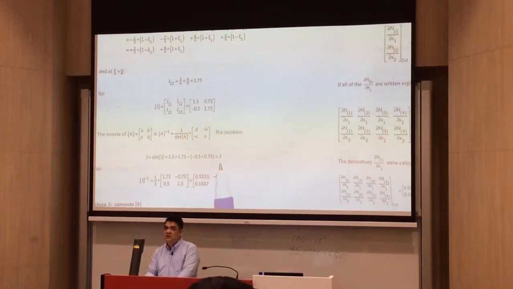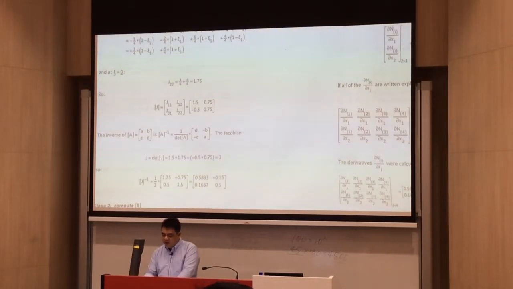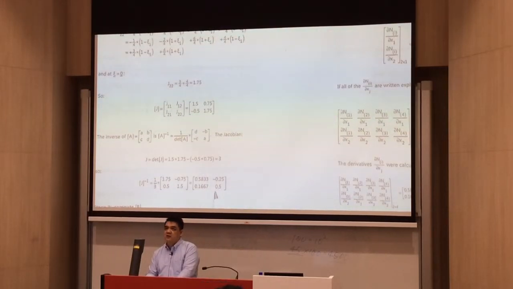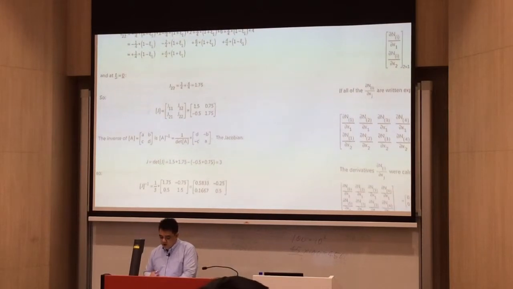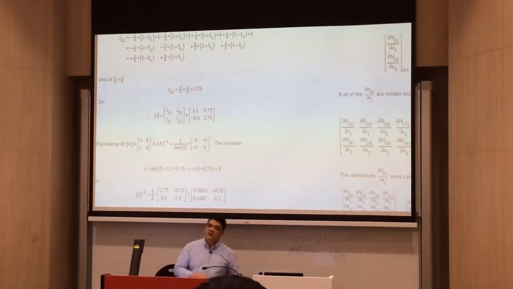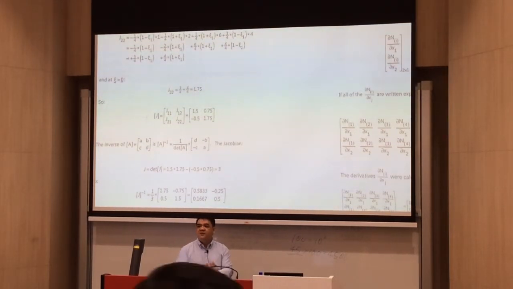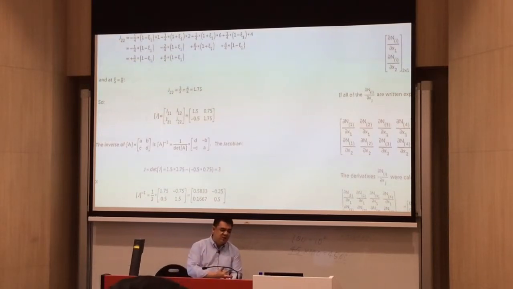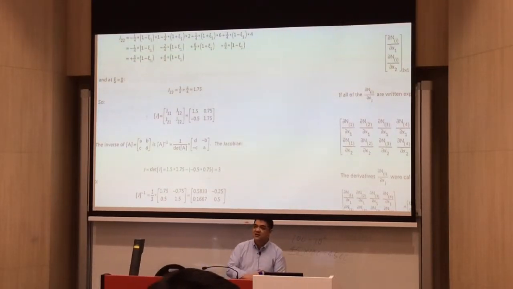So you will use this number later. So you get your Jacobian value as well as the inverse of your Jacobian matrix to be this one here. Okay, so after determining your Jacobian matrix, inverse of the Jacobian, and the Jacobian number, what's next?